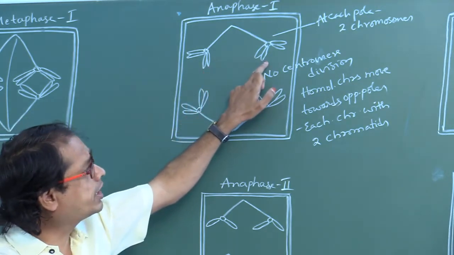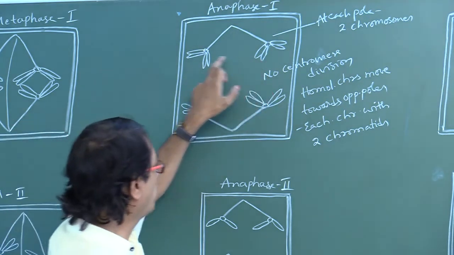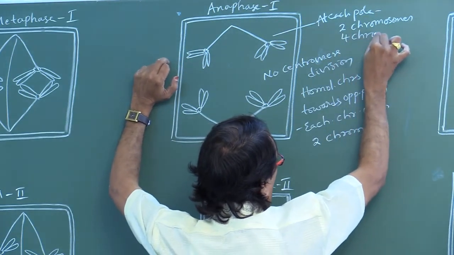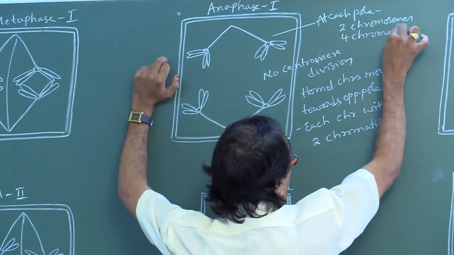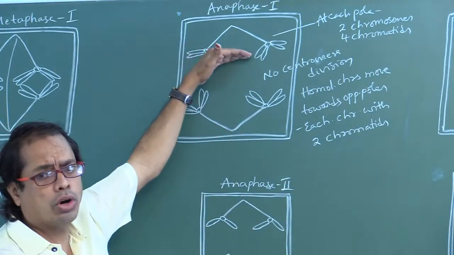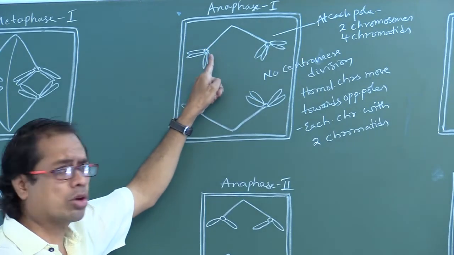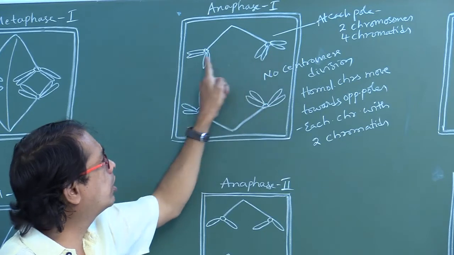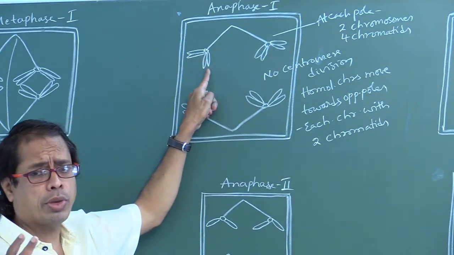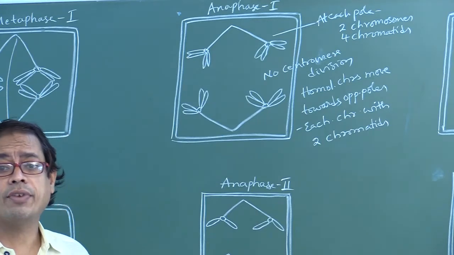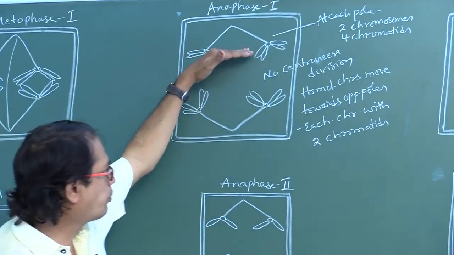Number of chromatids at each pole, 4 chromatids. This is very, very important, my dear students. At each pole, number of chromosomes, 2. Number of chromatids at each pole, each chromosome with 2 chromatids, so 2 plus 2, 4. Number of chromosomes in anaphase 1 is 4.